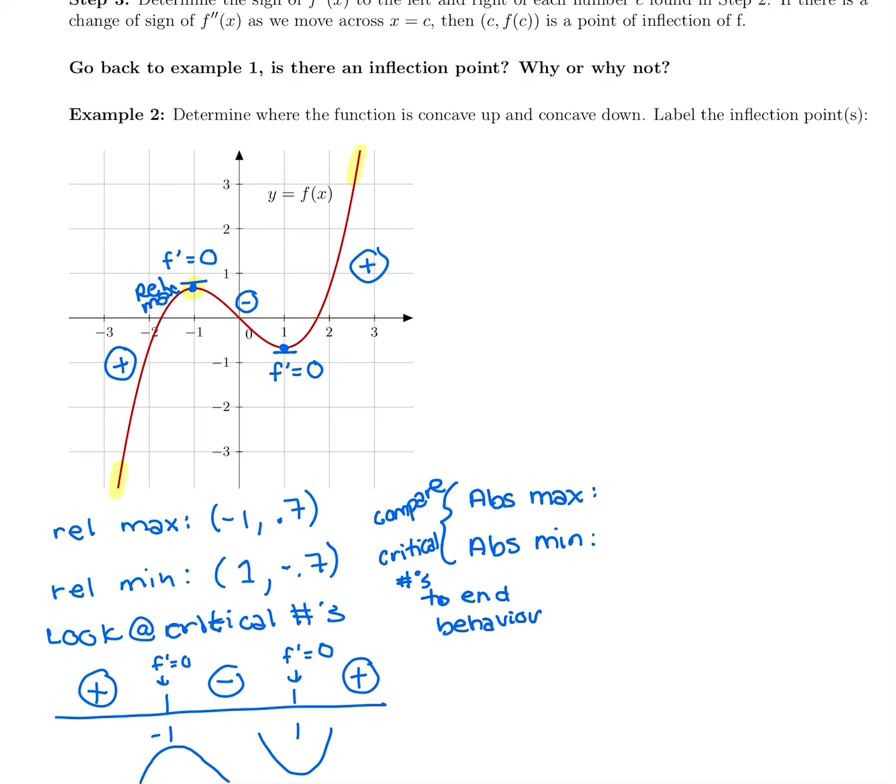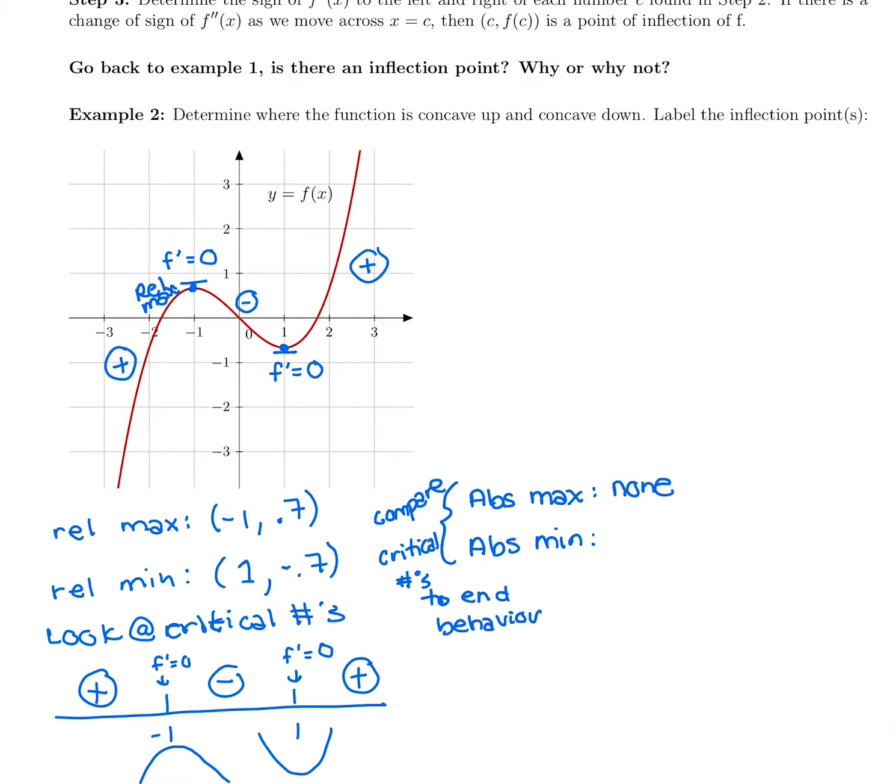So is that relative max also the absolute highest point on the graph? No. That end behavior to the right proves that it's going to get higher than that relative max. It's higher than what's around it. It's a local or relative max, but it's not an absolute max.